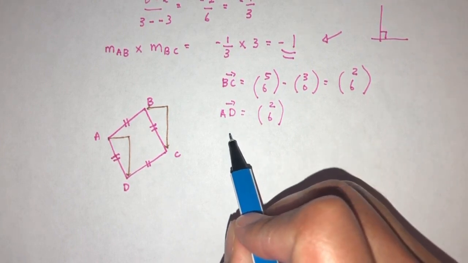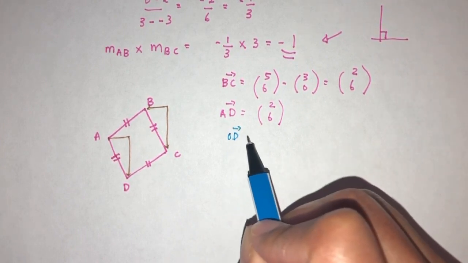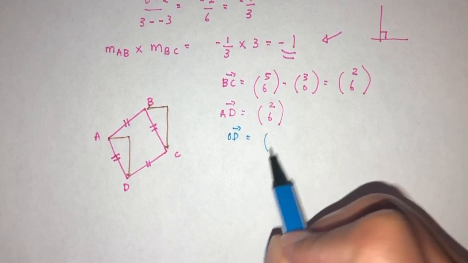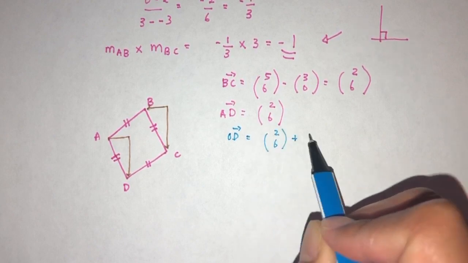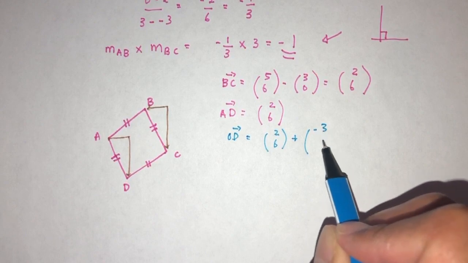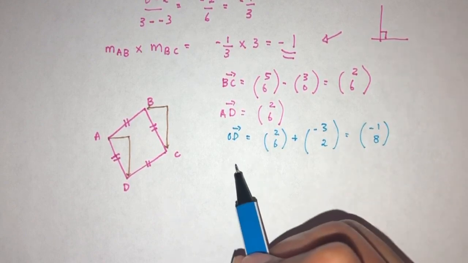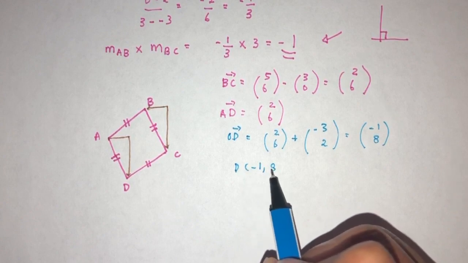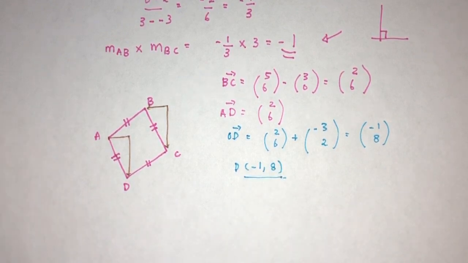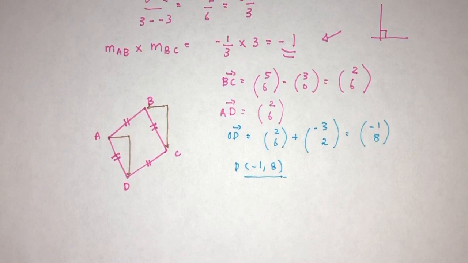OD minus OA should be this, so OD will be this plus OA. OA is (-3, 2). That should be (-1, 8). So the point D will be (-1, 8). That will be part 3 to find the coordinates of D.